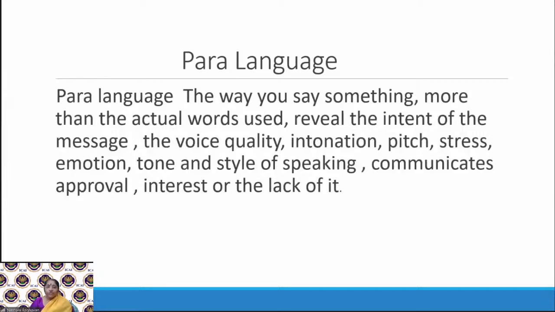What is paralanguage? Paralanguage is the language that you use to say something more than the actual words used. Reveal the intent of the message, the voice quality, intonation, pitch, stress, emotion, tone, and style of speaking, communicates approval, interest, or the lack of it.